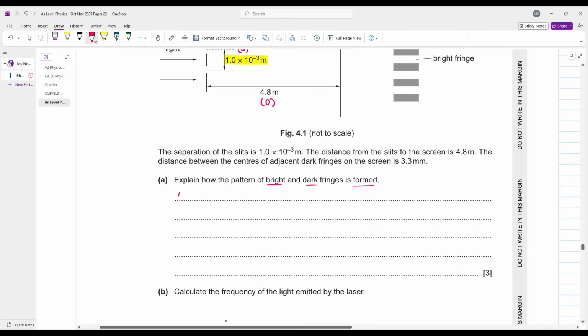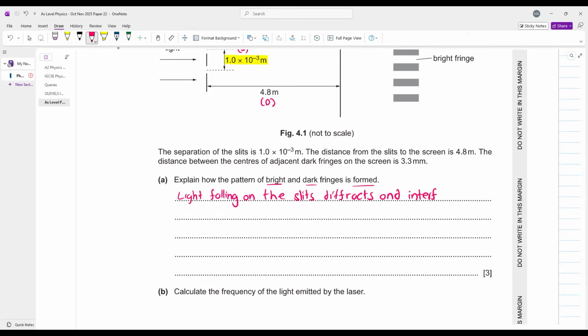You will say light falling on the slit diffracts and interferes. या इस तरह लिख लो.